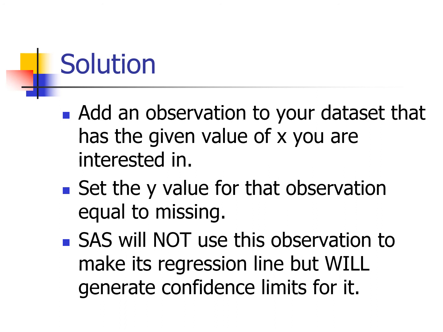For that 100th observation, we set Y missing. Because Y is missing, SAS cannot use this observation in constructing the regression line. So it doesn't change the regression line, but it will use the X value when generating the confidence limits from the CLI CLM statement.